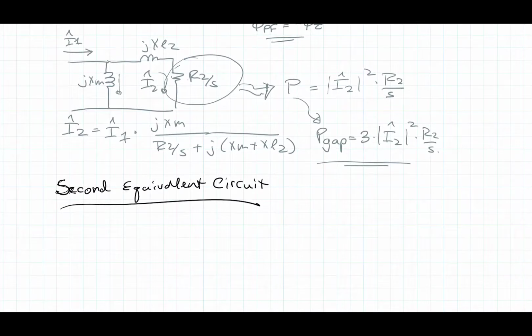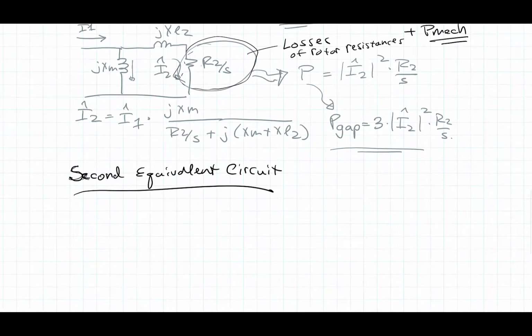Part of this power here is losses of the rotor resistance and the other part of this power is the mechanical power that gets applied to the shaft.